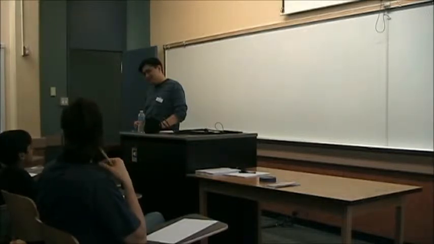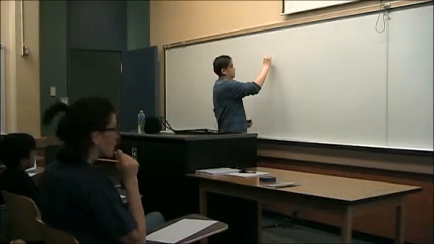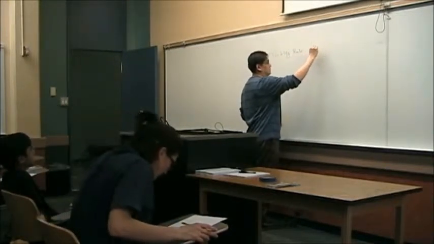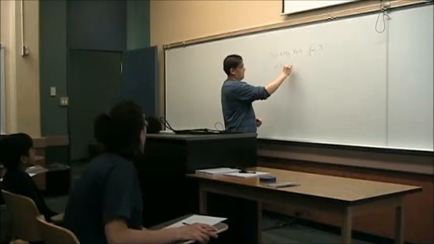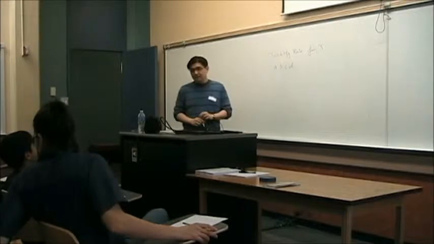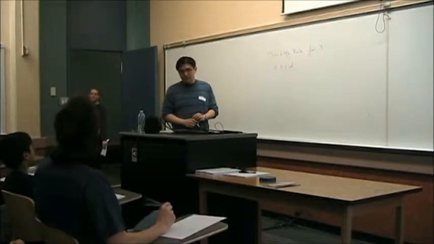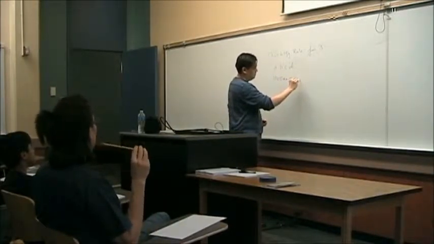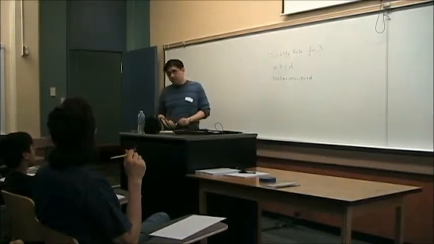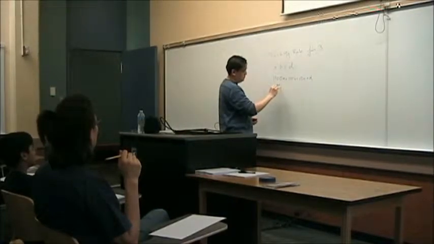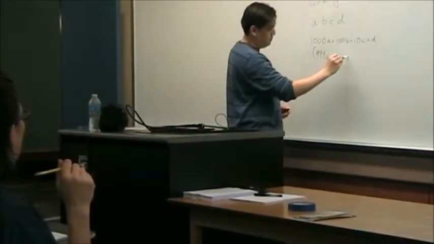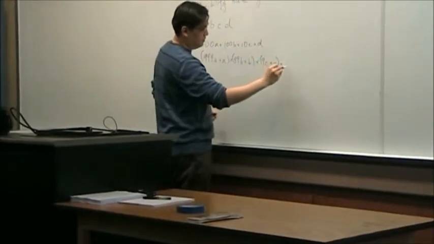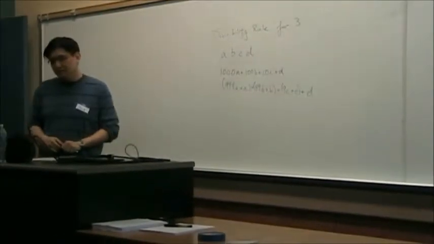For example, I'll just give A, B, C, D. Then you can write the number ABCD as 1000A plus 100B plus 10C plus D, which can be written as 999A plus A plus 99B plus B plus 9C plus C plus D. And when you take that in mod 3, you want that to be congruent to 0 in mod 3.